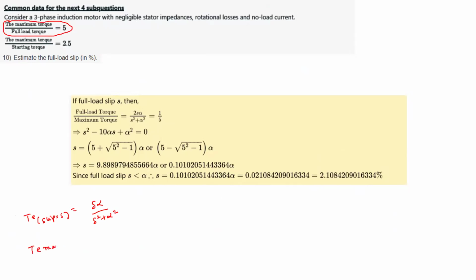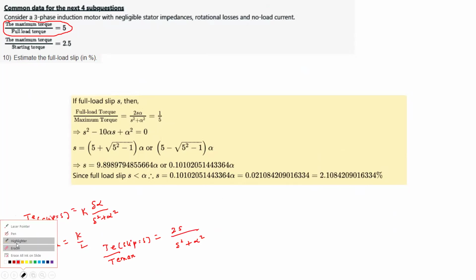T max is K by 2, and this is K S alpha by S square plus alpha square. So T by T max is 2 S alpha by S square plus alpha square.